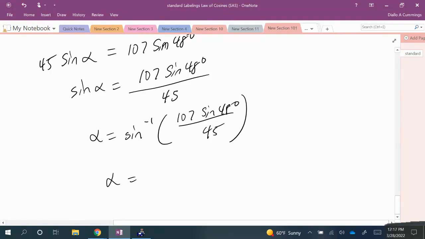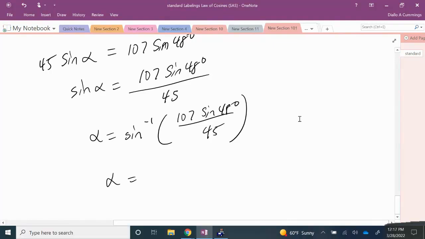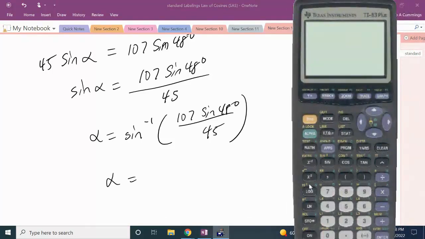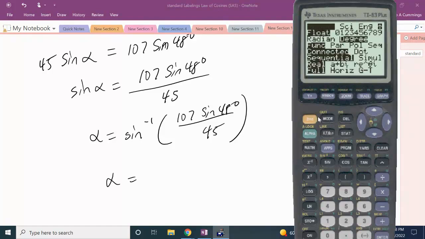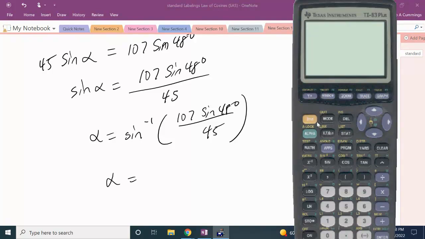So I'm going to put this into the calculator. All right, so we're in degree mode. I'm going to put in the arc sine of 107 times the sine of 48 degrees.